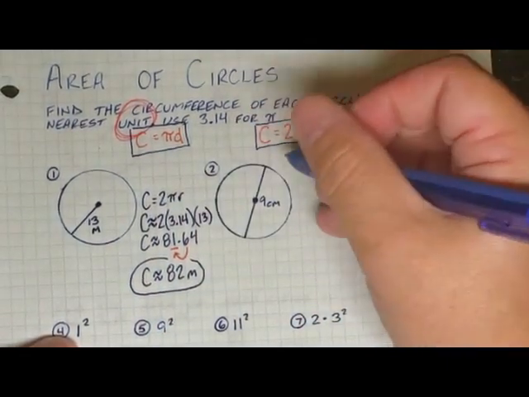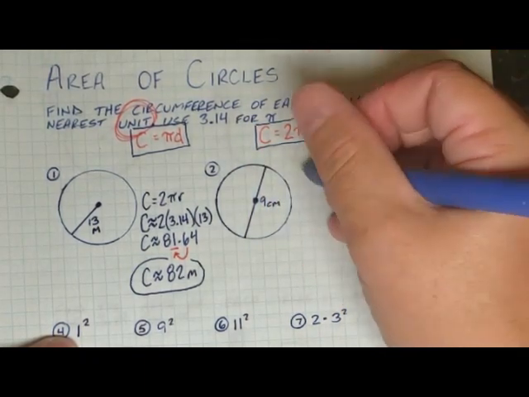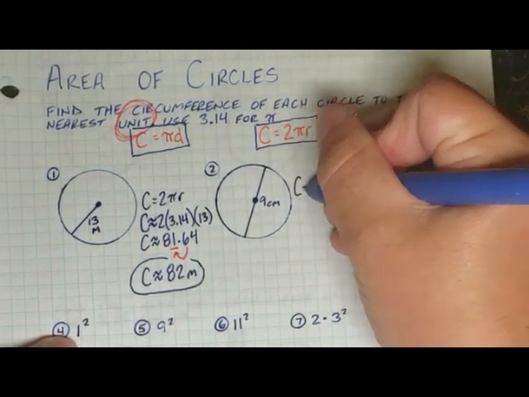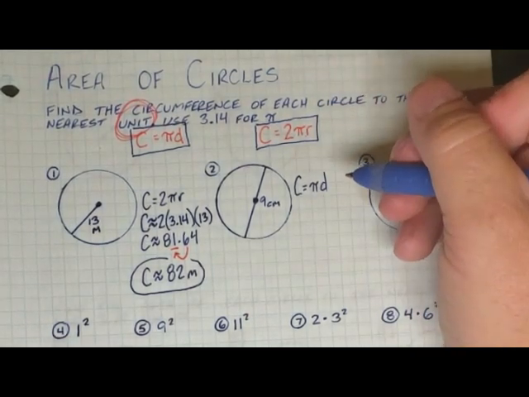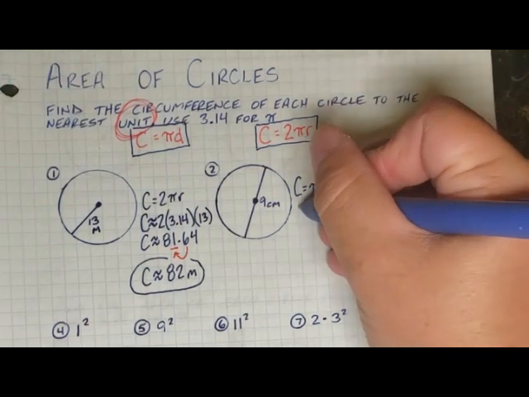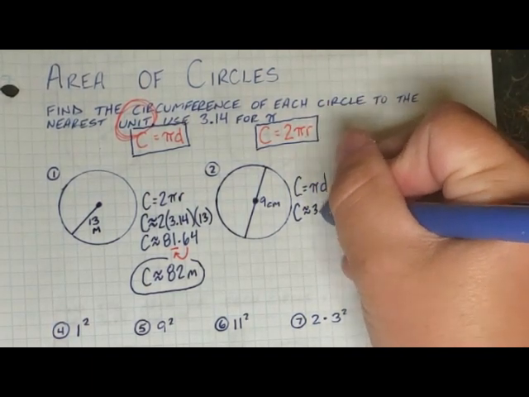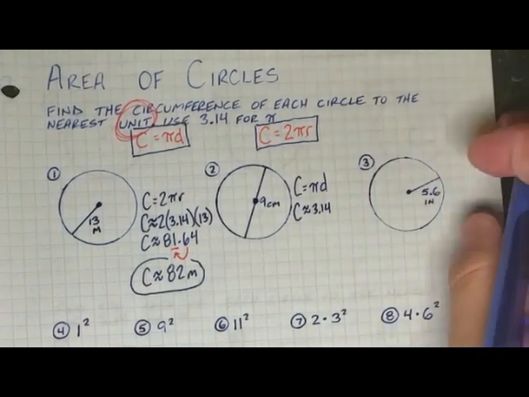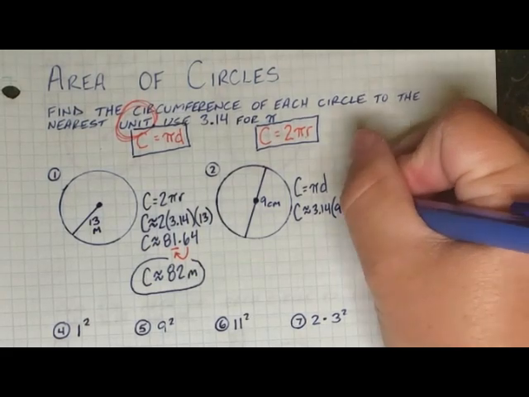Number 2, this little line goes all the way across. So it is a diameter. So we're going to use C equals pi times D. Then we're going to start substituting. Circumference is approximately, pi is 3.14, or its approximation is 3.14, and the diameter here is 9.